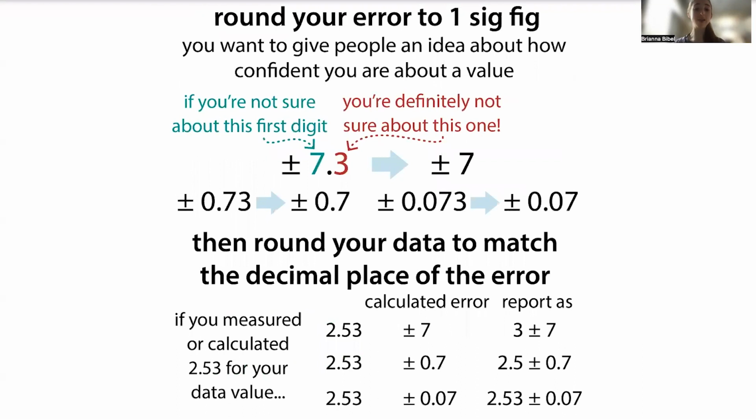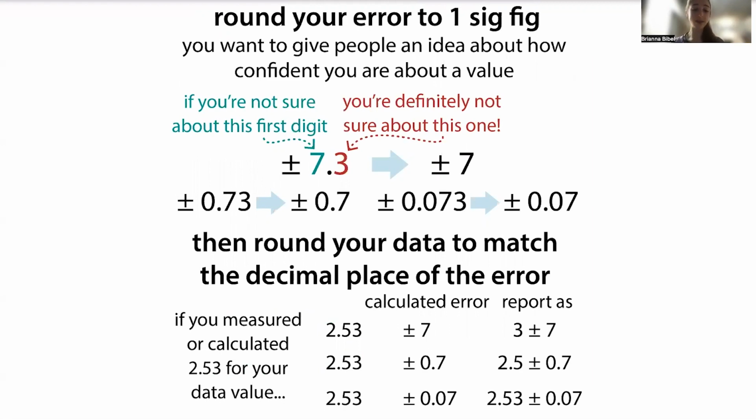You want to make sure that you're not putting more digits than your error, so you're basically going to round to your error, and we'll get much more into all of this. But let's start with just the idea of a significant figure.